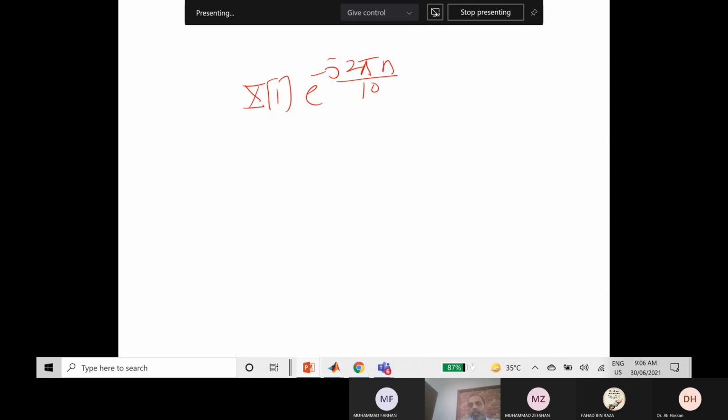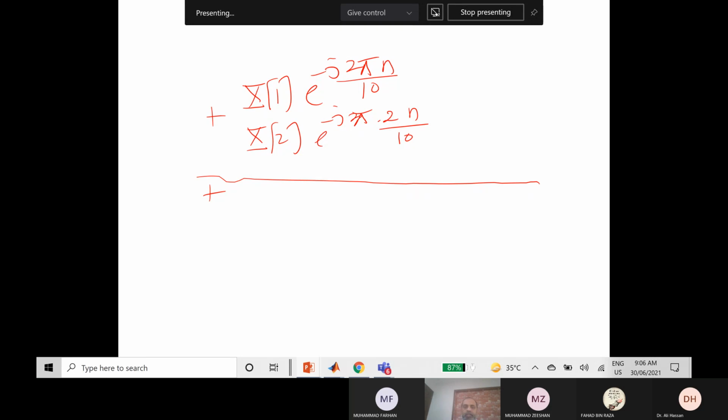Once you plot this on the n axis, it will be a cosine and a sine of some amplitude and phase. So this is the contribution of the first harmonic, and what is the contribution of the second harmonic? It is exponential minus j 2 pi 2n over 10, and then the third, the fourth, the fifth, the sixth, the seventh.